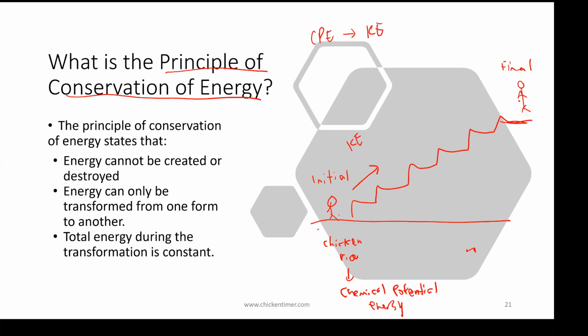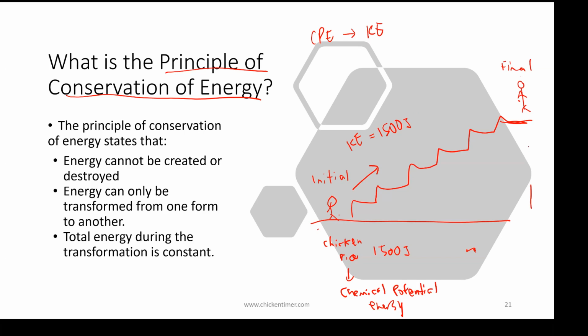Let's give the chicken rice some amount of calories, say 1,500 joules. He moves, and the chemical potential energy gets transformed into kinetic energy, so now there's 1,500 joules of kinetic energy. And he goes up.